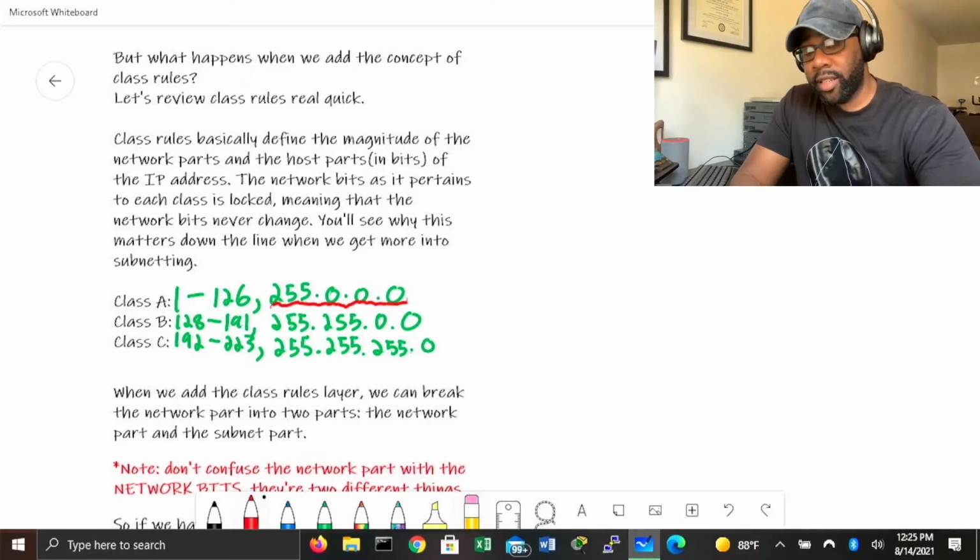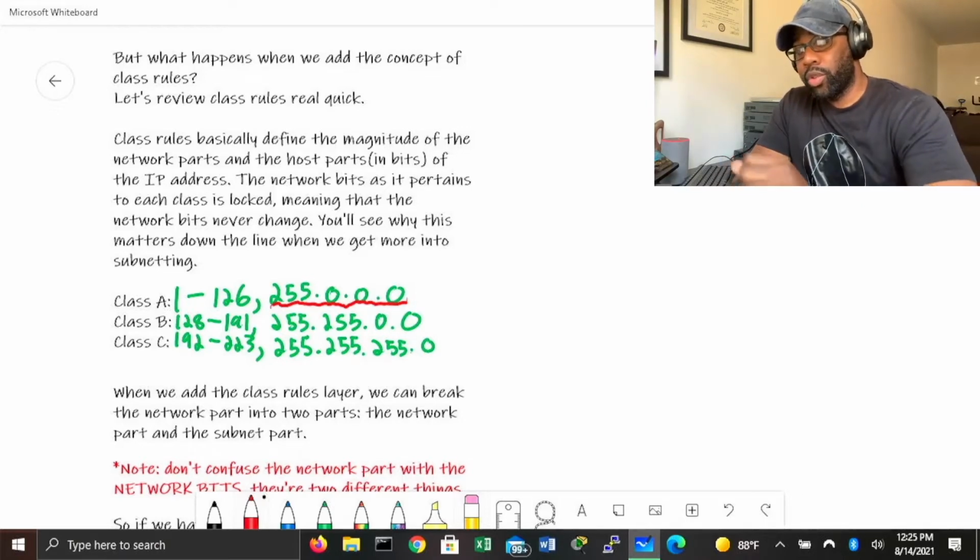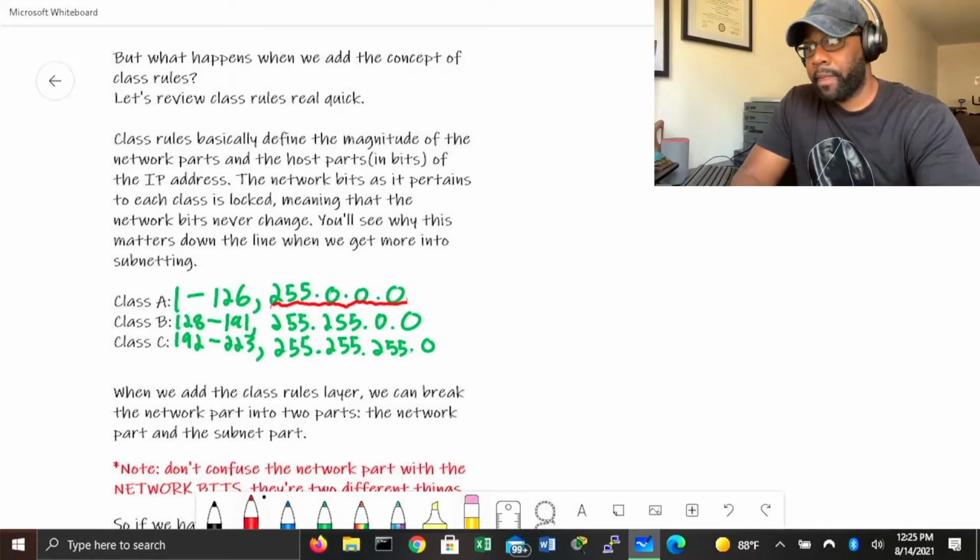And class C, the first octet, ranges from 192 to 223, and the default mask is going to be 255.255.255.0.